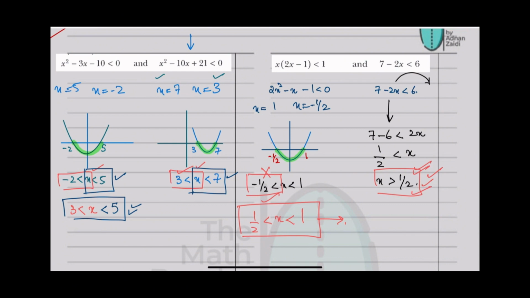So when there are multiple inequalities, you need to find a middle ground where both the inequalities justify each other. For example, if I say x is greater than negative 1, and if I say x is greater than 1, the reason being that x is greater than negative 1 caters to 0, 1, 2, 3, 4, and so on.